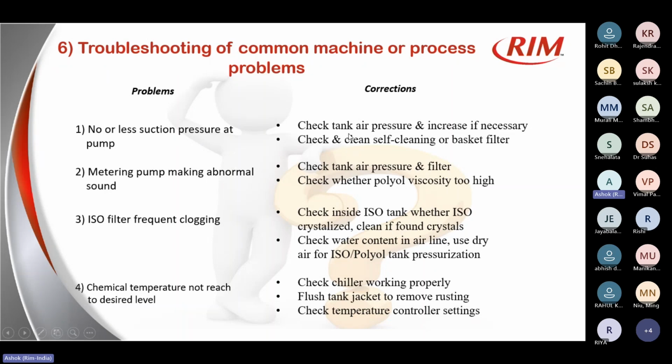So you have to check whether the tank pressure is set properly or your compressor is running or not. If there is no proper tank pressure, the chemical will not flow to the pump and the pump will make abnormal sounds. Also, you have to check the self-cleaning filter or basket filter. If the filter is clogged, there will be less or no suction pressure at the pump.